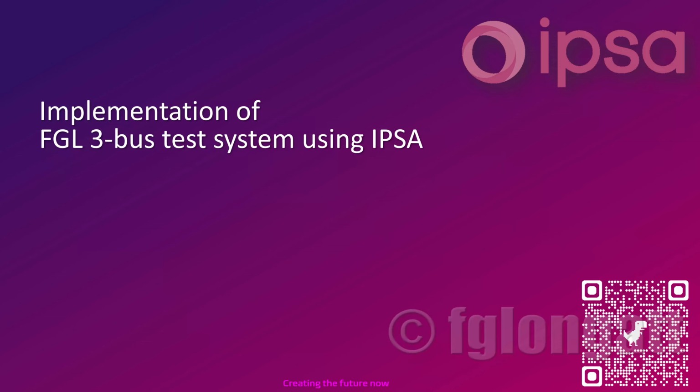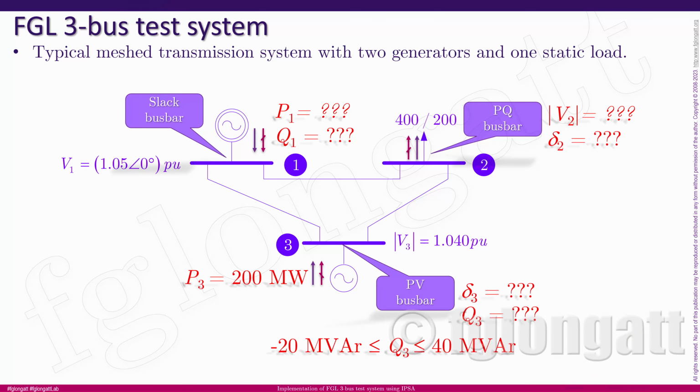And I will start by describing this very simple, very straightforward test system. This is what we call the FGL 3-bus test system. As the name says, there are 3 buses over here. There is a single voltage level. There are no transformers here. I know that many people believe that this is unrealistic.